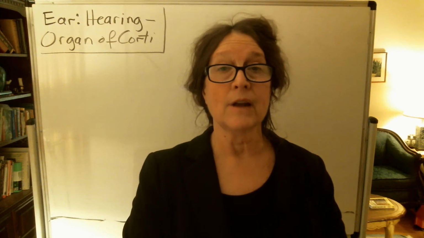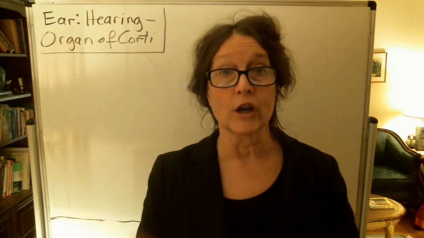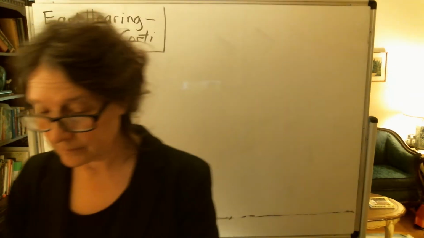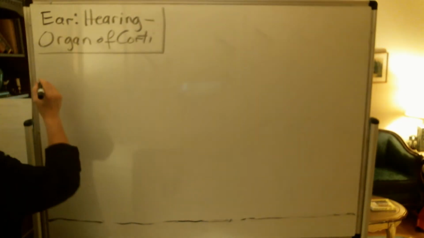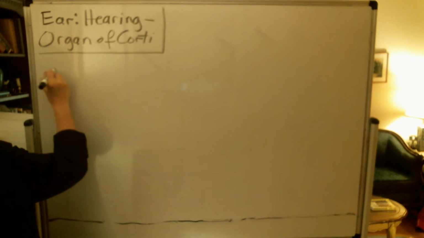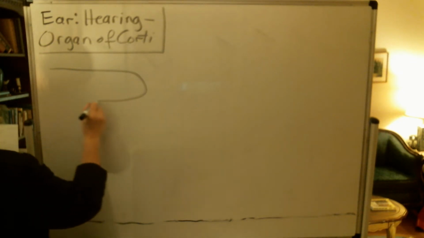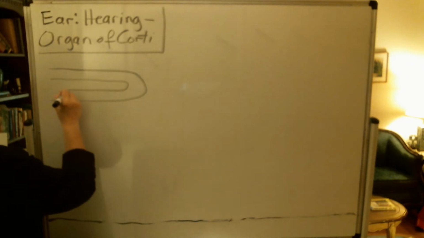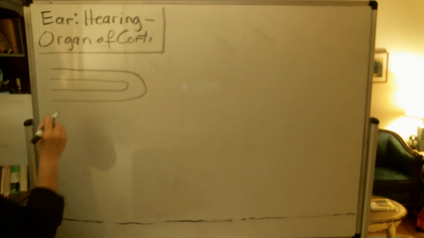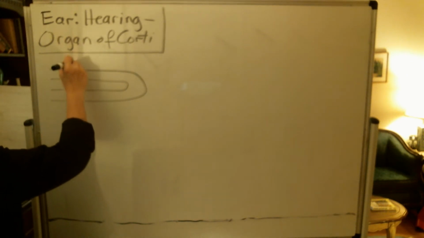This lecture is about how hearing takes place in the organ of Corti. So you remember the cochlea, and I'm just going to do a quick reminder of my unwound version here.